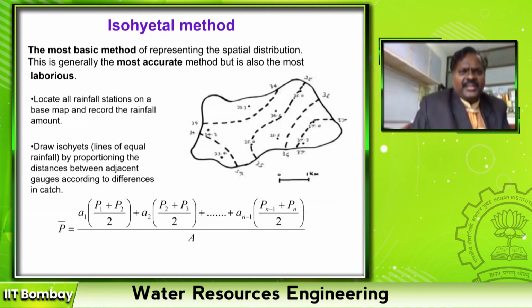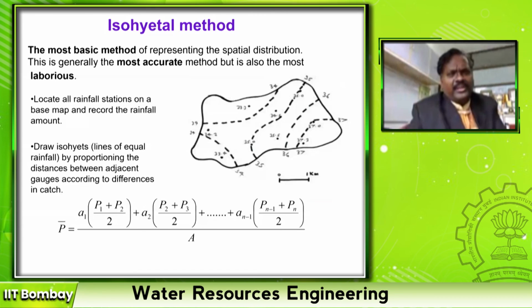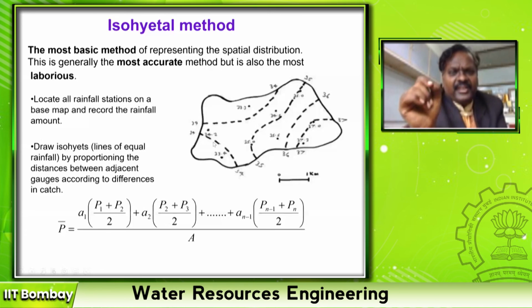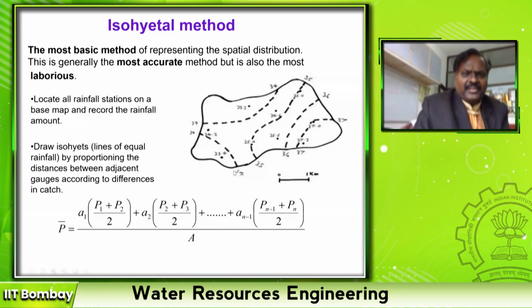The third method, which is the most accurate method, is the isohyetal method. It is nothing but, once I have the rainfall of each station, I can draw a contour. But I don't call that a contour. I call that imaginary line which connects points of equal rainfall depth an isohyet. Now what happens? I have to measure the area between these isohyets.